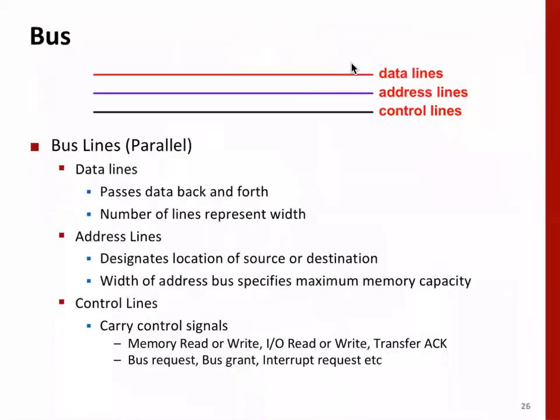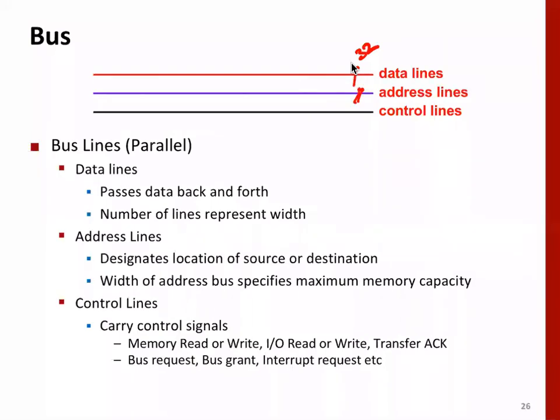All right, we can think of it as parallel lines. Data lines, for example, are usually of word size. In this case, the number of data lines will be 32. Now address lines essentially carry the address bits.